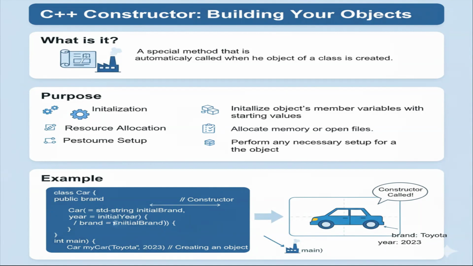For example, in our car class, the constructor can automatically assign values to brand and year when we create a new object. That means we don't have to manually set them one by one later in the code. Using a constructor makes our code cleaner, safer, and more reliable because every object begins its life properly configured.